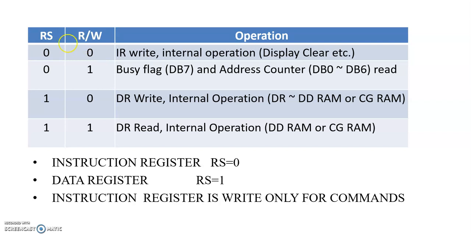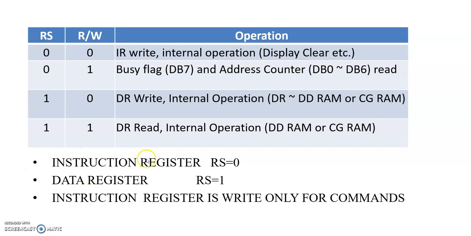Next, RS 1 and RW bar 0 means data register write, an internal operation. RS 1 and RW bar 1 means data register read.